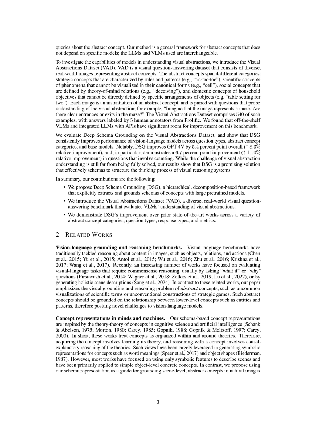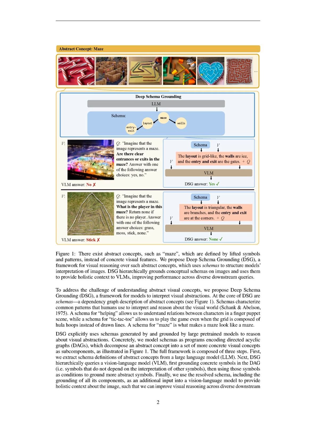The experimental design involved comparing DSG's performance against baseline vision language models, VLMs, and integrated large language models, LLMs, on this dataset. Each instance in VAD included an image, a natural language question about the abstract concept, and an answer, allowing for a systematic evaluation of how well models could understand and reason about visual abstractions.